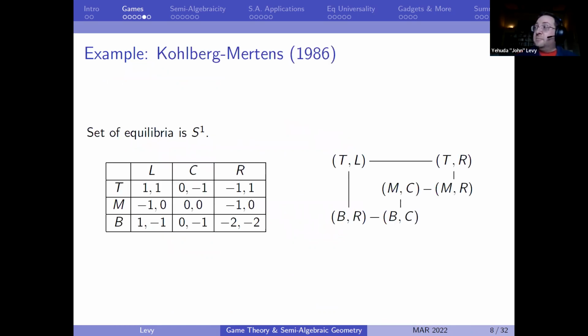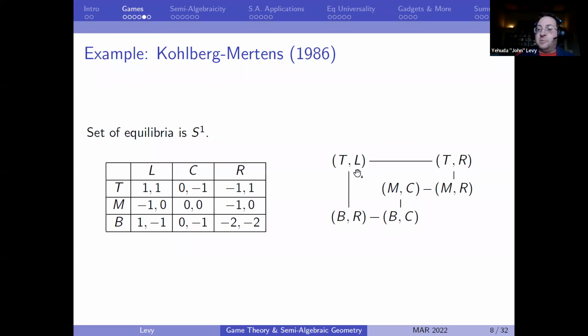There can be more interesting examples. I'll show some later. Here's a nice one where the set of equilibria is topologically a circle. So this game, I'm not going to check it now, but this game has 6 pure equilibria. And in addition, mixing between any 2 consecutive equilibria on the circle is an equilibrium as well.